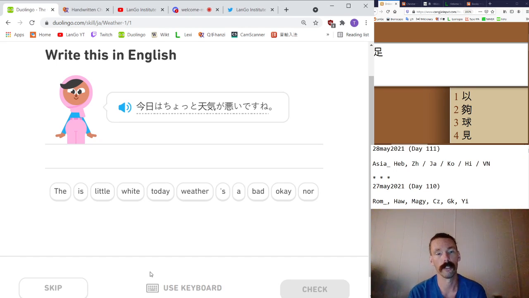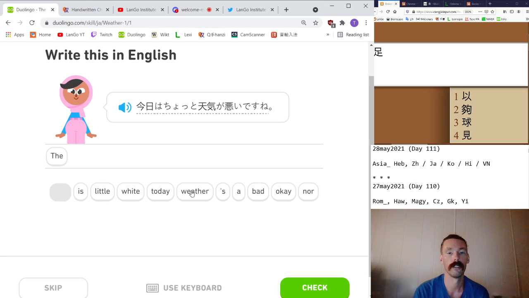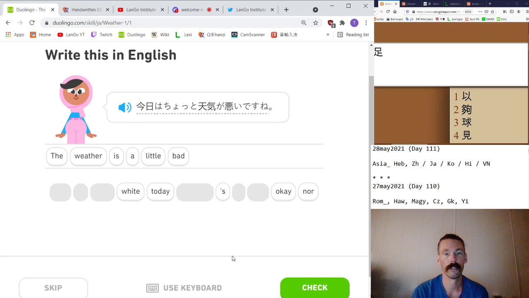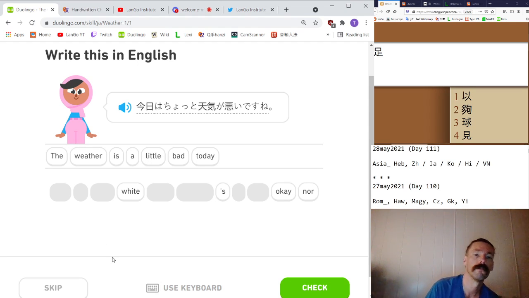Kyou is today. Tenki. Doesn't that mean weather? Yes, that's it. It's the ki of the weather, like in Genki, the ki of the sky. The breath of the heaven. Weather.